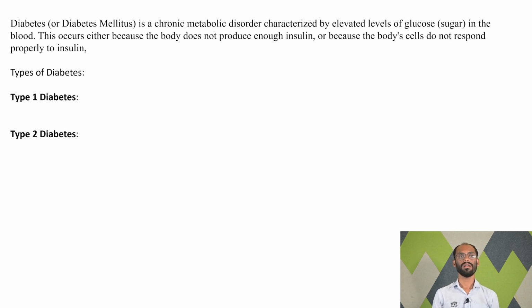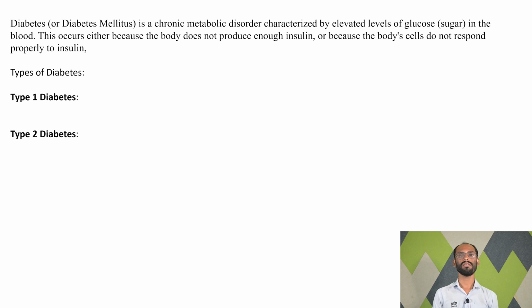Diabetes may be defined as a chronic metabolic disorder characterized by an elevated level of glucose in the blood. This occurs either because the body does not produce enough insulin, or because the body cells do not respond properly to the insulin. There are two types of diabetes mellitus.